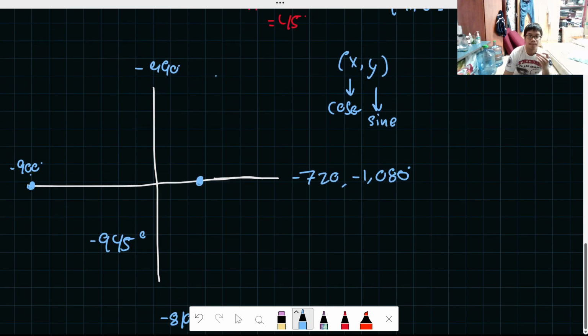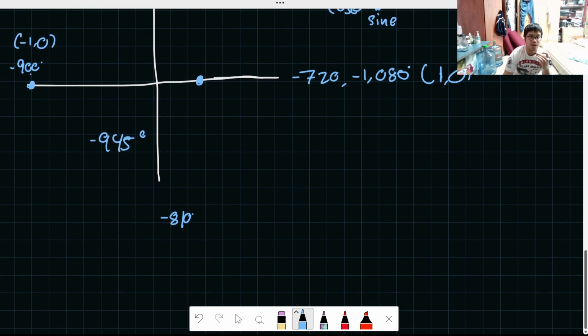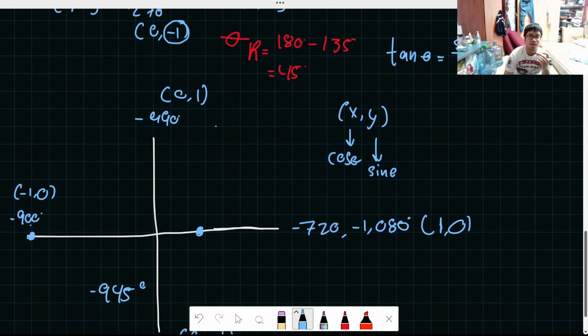On the right part of your horizontal axis, or x-axis, we have 1, 0. On the top, we have 0, 1. On the left, we have negative 1, 0. And on the bottom, we have 0, negative 1. So you see, negative 1080 degrees is a quadrantal angle, and it's located on the right side of the x-axis.